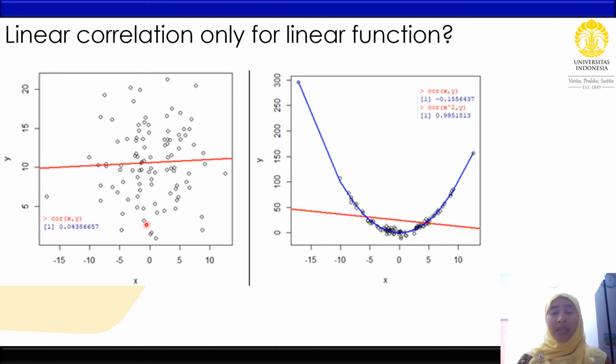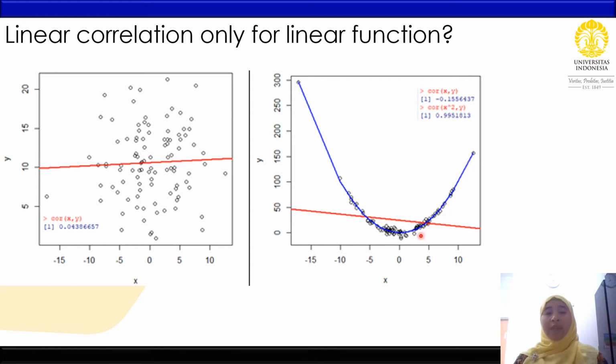by this result. However, if we look at the data on the right plot, it's clearly seen that the points are forming a quadratic trend.